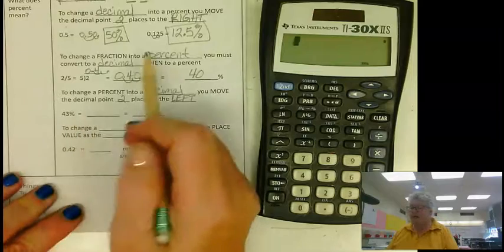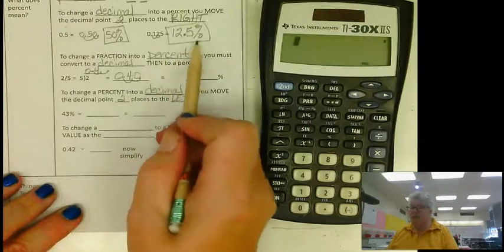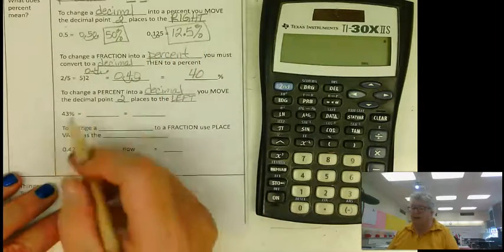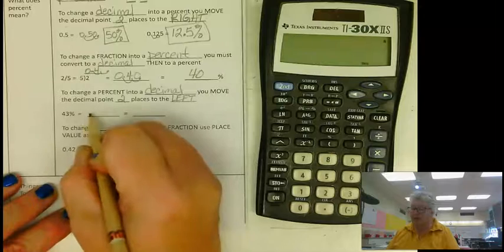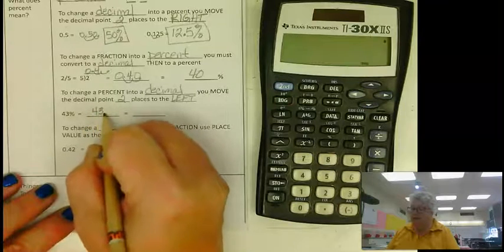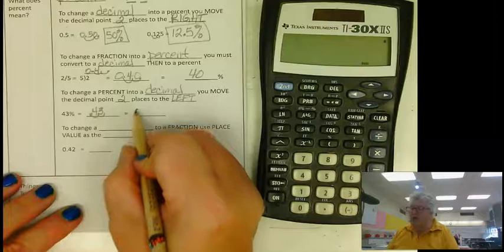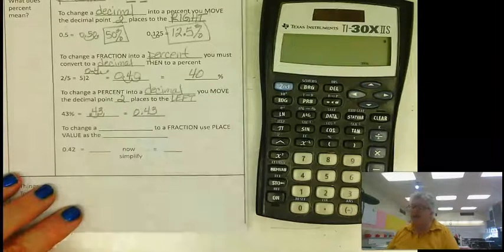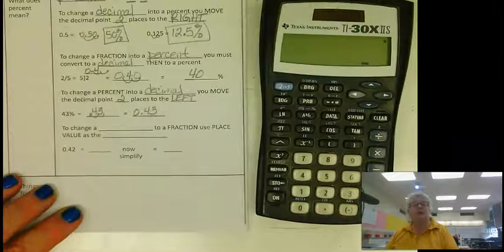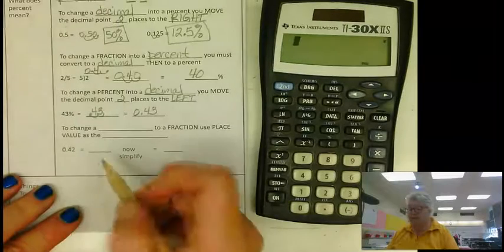Just like up here when we moved it to the right, now we're going to bring it back. Boom, boom, back 2 places. So this is going to be 43%, move it. We like to move it, and then we move it, and now we have 0.43. And that is all there is to putting it in a decimal.